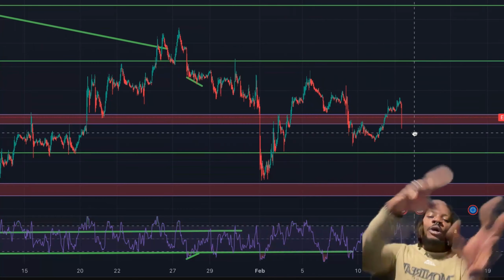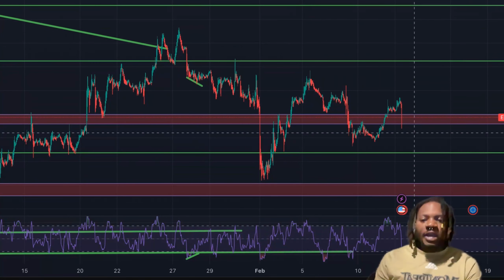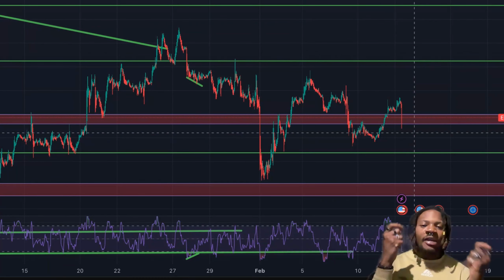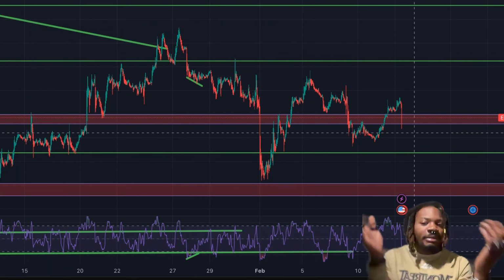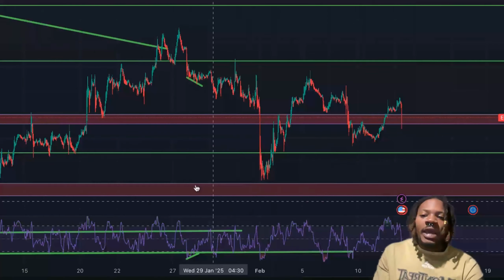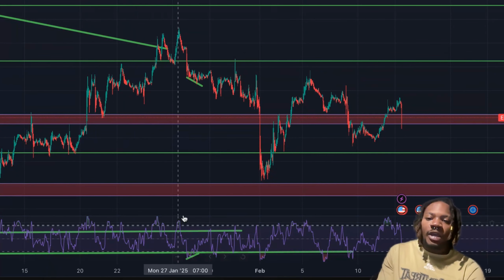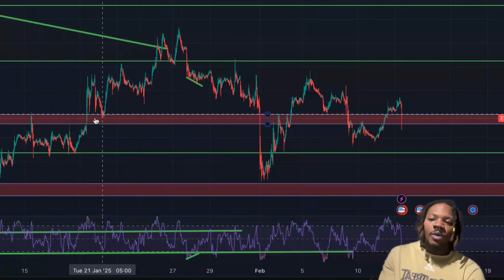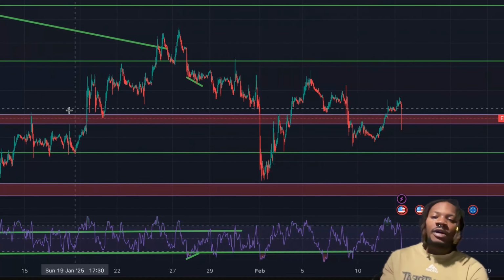One of the ways I like to trade is to use equilibriums as key levels for price, because they turned out to be pretty useful. If you look at the distance between here, there's an equilibrium right around here where price stopped a bunch of times. That's why I have this box here.